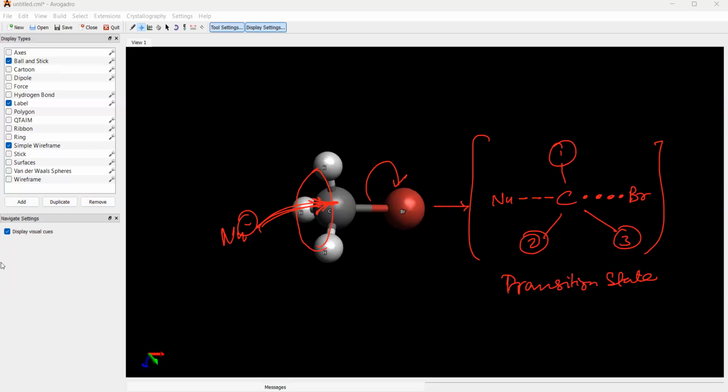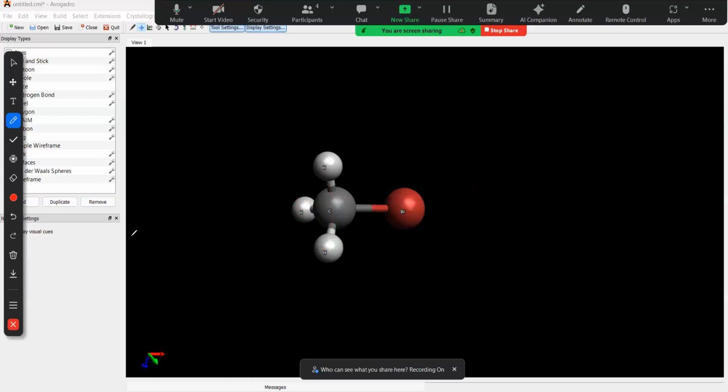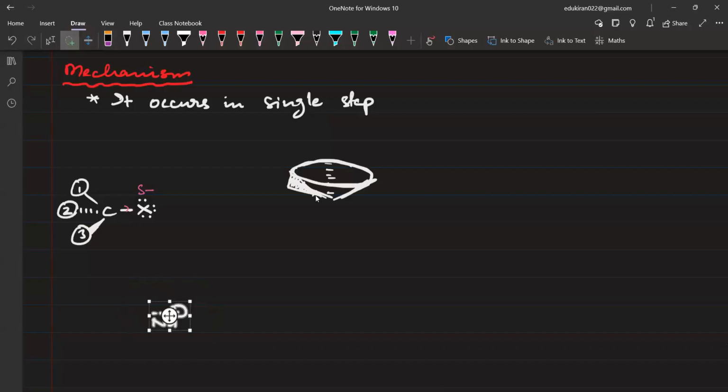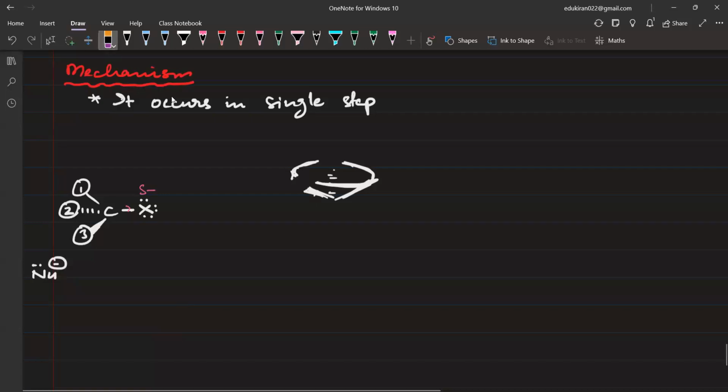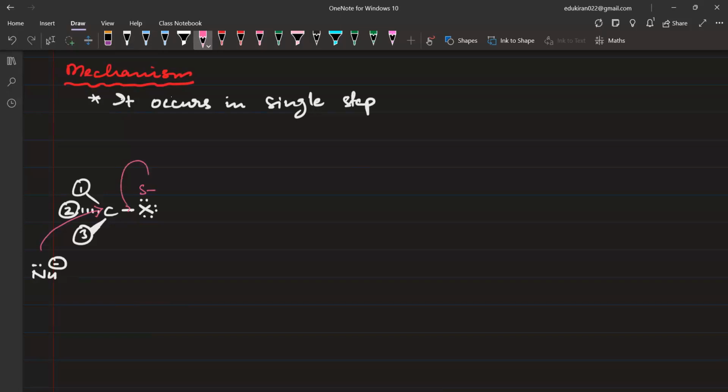Now we are going back to the OneNote. Since you understood this part, what we understood is that the nucleophile is going to attack from behind. We'll erase this. The nucleophile is going to attack from behind like this, and the halogen atom will leave as the leaving group.